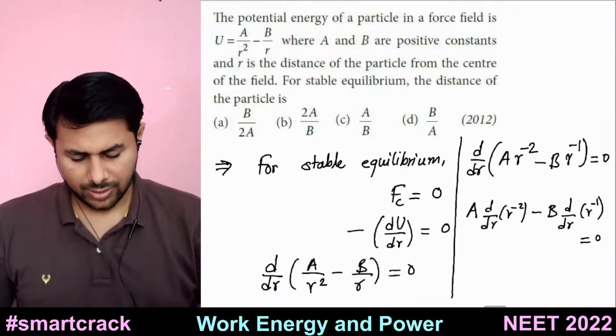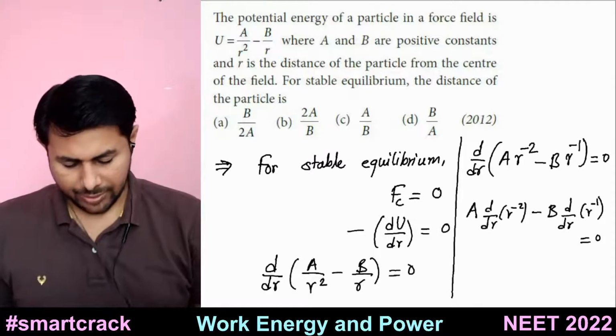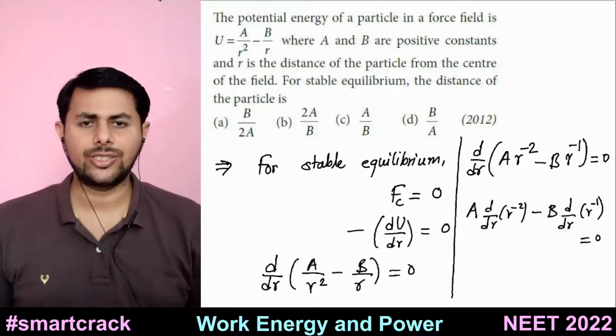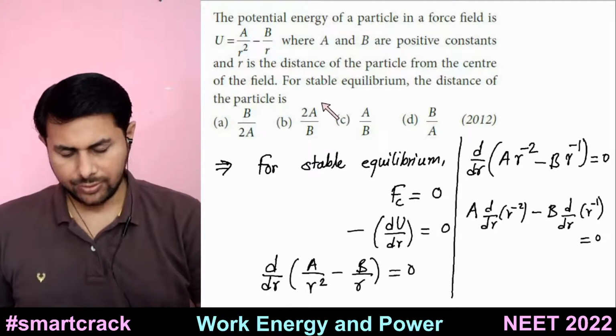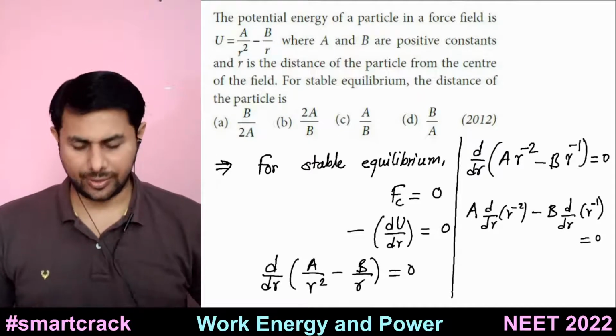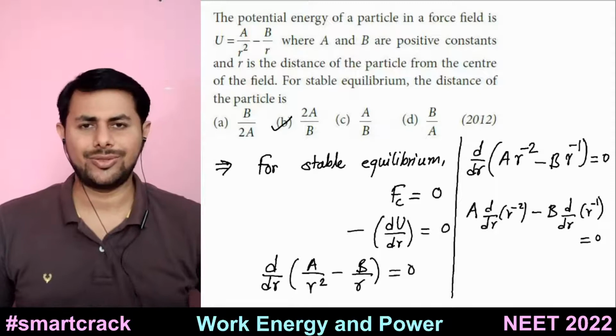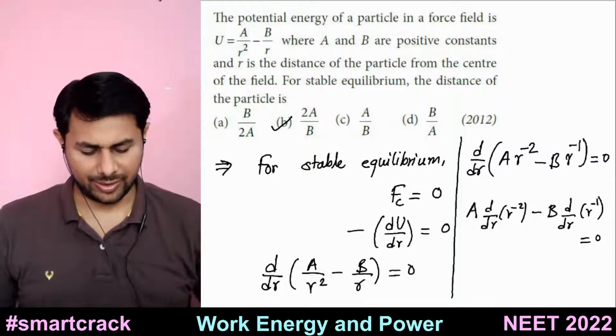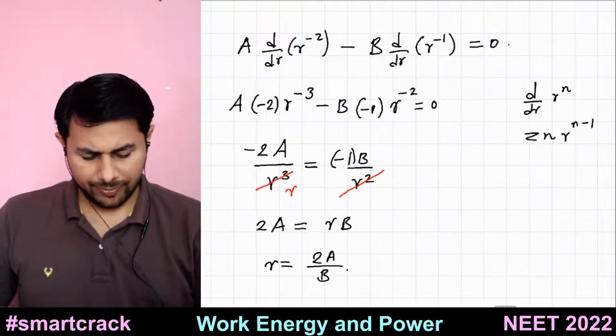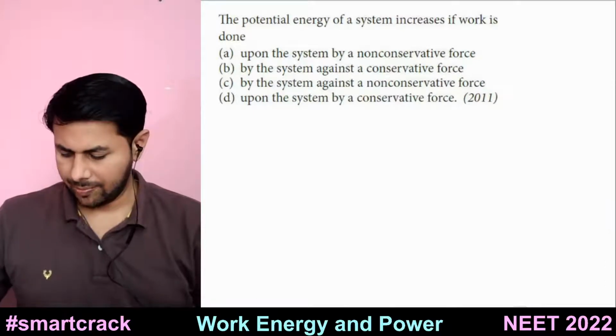So the equilibrium is established at r equals 2a divided by b. This is the answer. It is simple.